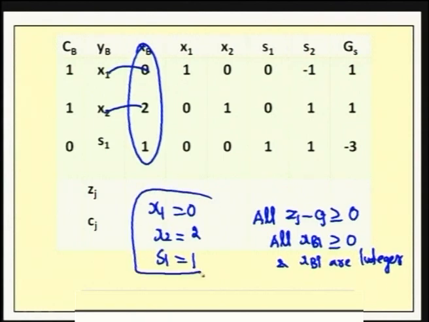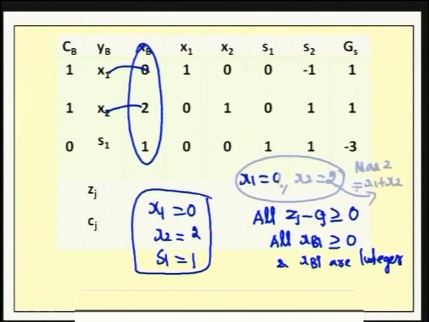So, in this problem the optimal solution is x1 value equal to 0 and x2 value equal to 2. Since for this problem our objective function is maximize z equal to x1 plus x2, by substituting these x1, x2 values in this objective function, the optimum solution to the given problem is x1 equal to 0, x2 equal to 2 and maximum z equal to 2.